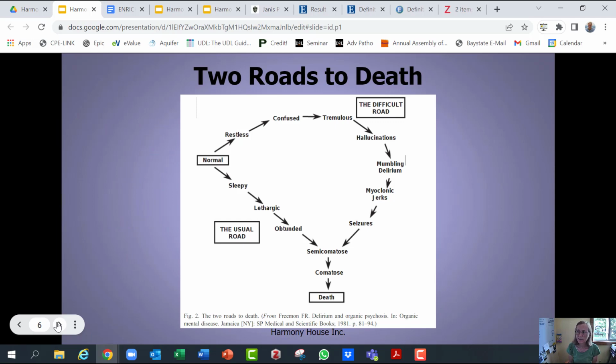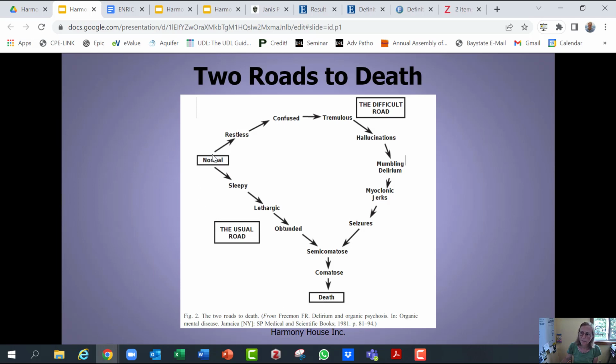I wanted to mention this graphic, which can be helpful, again, in having that bird's eye view. The normal trajectory for a patient going through the process of active dying is this road here, this usual road, which is that a person becomes a little bit more sleepy, maybe lethargic, obtunded, which means that they're really not arousing, becomes semi-comatose, comatose, and then death occurs.